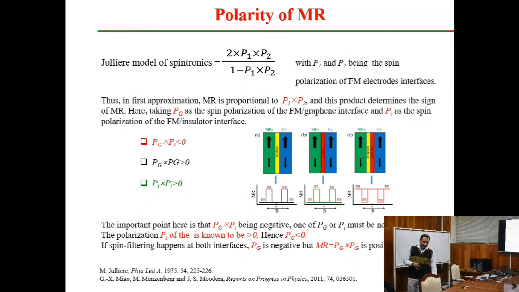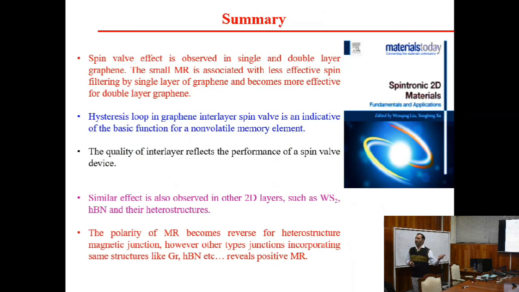I can also talk a little about polarization, but time is short, so I can just conclude. Later on, they invited me to write a book, with contributions from authors, some from Cambridge, some from the University of York, and I published the same work in that book, on spintronic 2D materials.